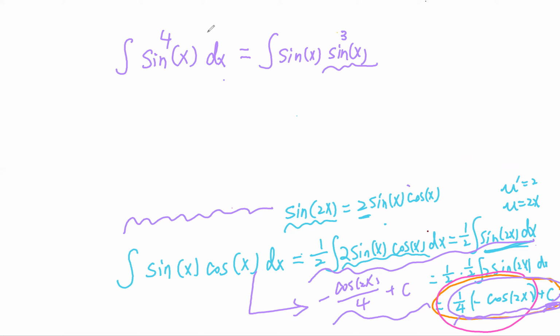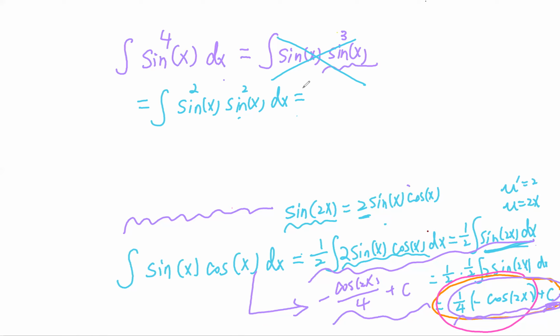Now I'm going to change to a new way of thinking about how to solve that. Maybe this is not good, so I can try to have sine square, sine square. Square is the exponent we have.